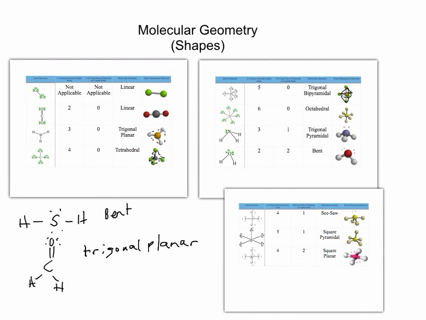And we'll do one more. So let's do CH2BrCl. Here we have 1, 2, 3, 4 things around the center atom, no lone pairs, which would mean this is tetrahedral.